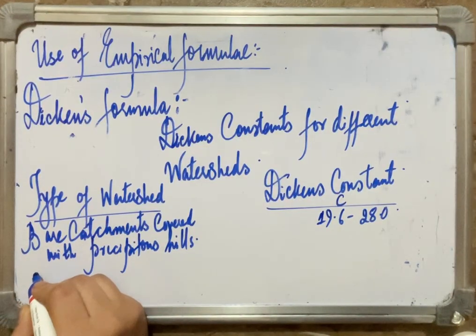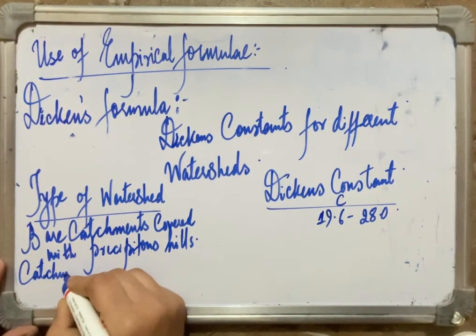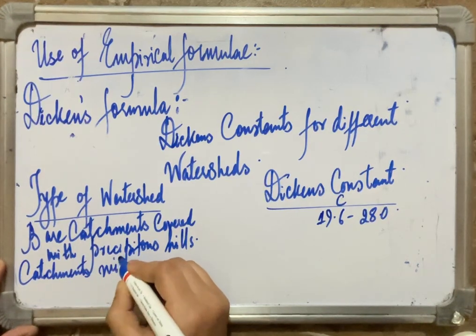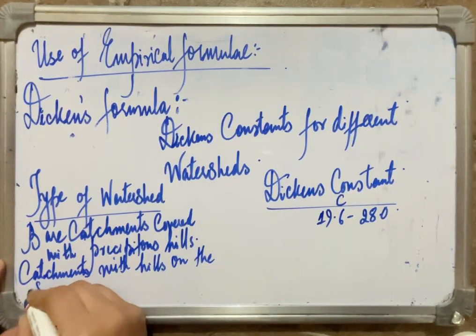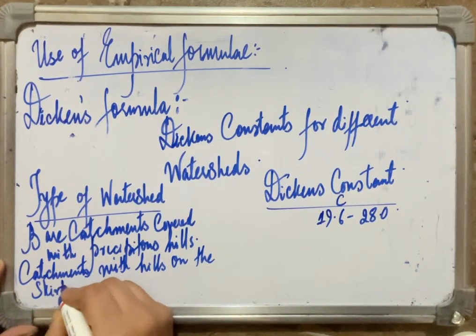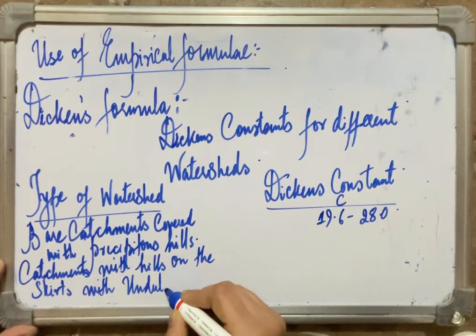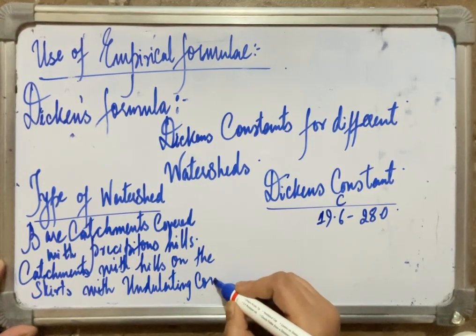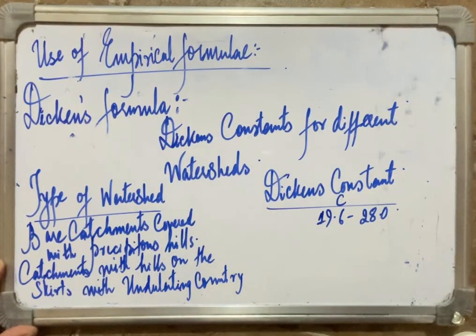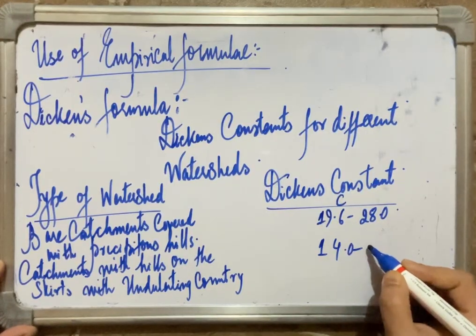Second one, catchments with hills on the skirts with undulating country. For that, Dickens constant varies from 14 to 16.8.